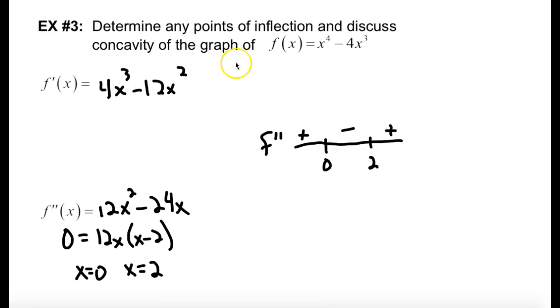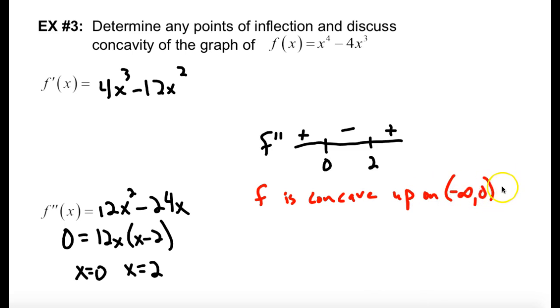So what this tells me is that my original function, right? So I can say since the second derivative is positive on these intervals, my original function, f, is concave up on the intervals -infinity to 0 and 2 to infinity, and then concave down on the interval 0 to 2.